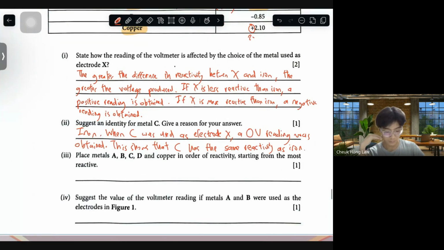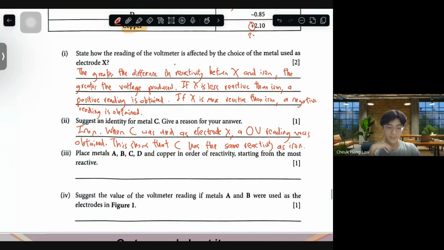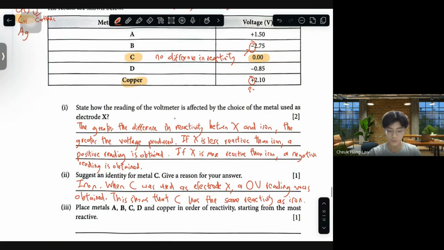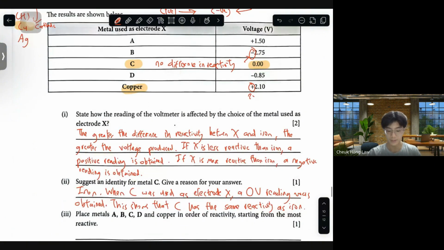I'm going to move on. Place metals A, B, C, and D and copper in order of reactivity, starting from the most reactive. Remember I said if X is more reactive than iron, a negative reading is obtained. So the most reactive one will have a negative reading with the highest number. You can see for yourselves which ones have negative readings, this one and this one.